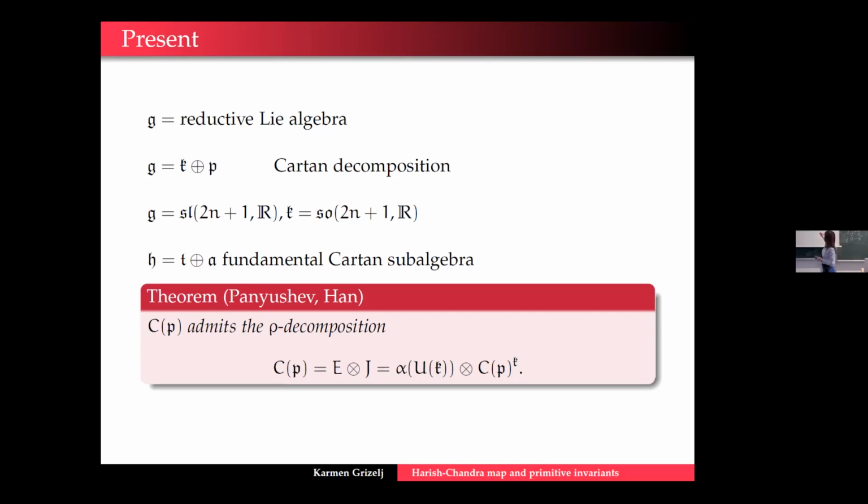Now, this small guy here is K. So K invariants in the Clifford algebra of P. The only thing is now alpha, well, it has the same formula, but it's not the same mapping for sure.